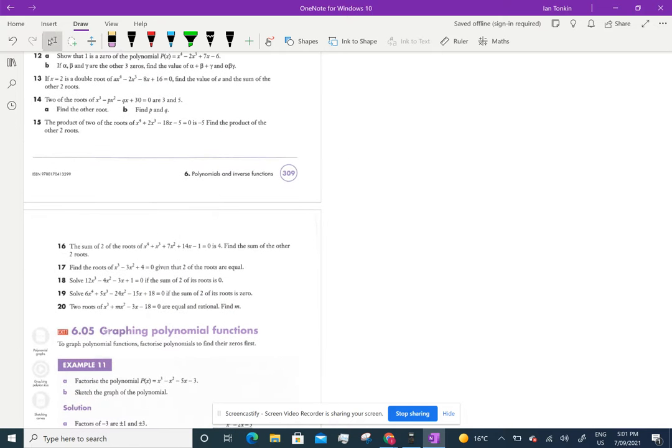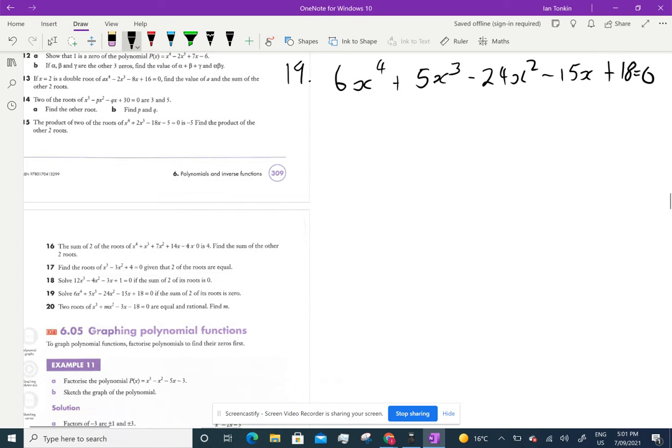What have I got? 6x, so this is 19. 6x to the 4, so it's a quartic, plus 5x cubed, minus 24x squared, minus 15x, plus 18 equals 0. All right, what do they tell us?